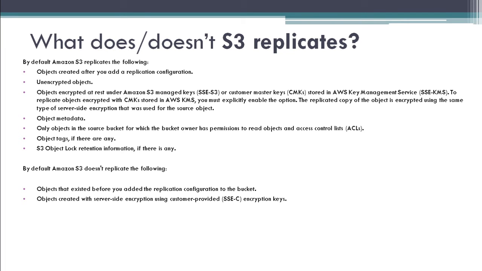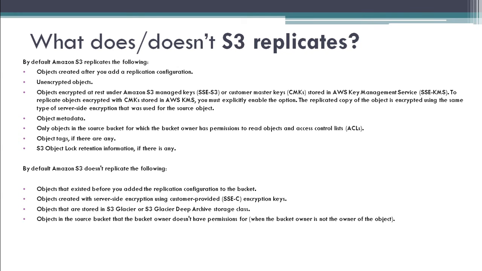Objects created with server-side encryption with SSE-C encryption keys will not get replicated. Objects that are stored in S3 Glacier or S3 Glacier Deep Archive storage class. Objects in the source bucket that the bucket owner doesn't have permission for. So if the bucket owner does not have permission for some objects, those objects will not get replicated.